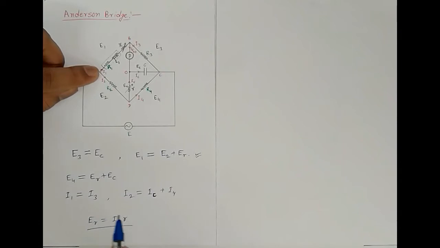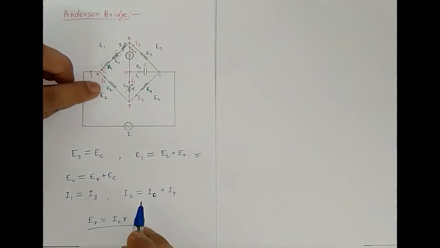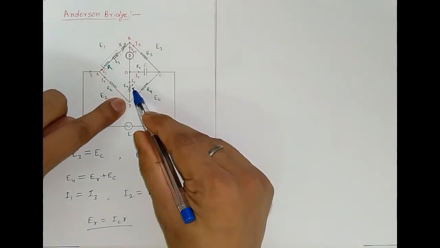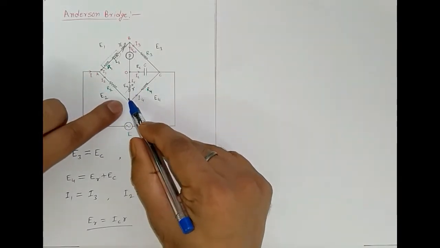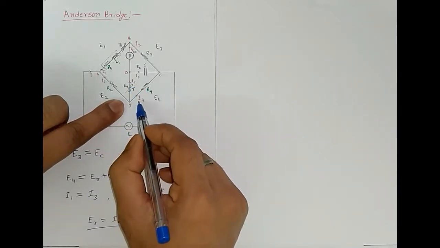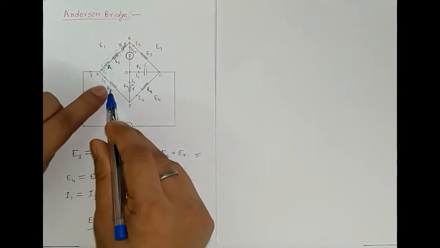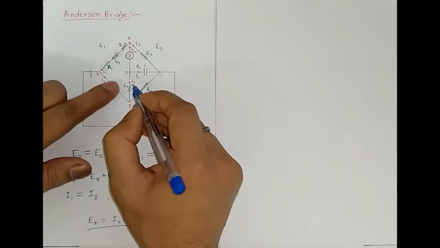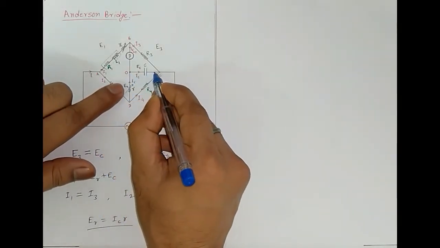And current I2 will be equal to I4 plus IC, because this current divides into two parts: one goes to IC and the other to I4. So I2 equals IC plus I4, and this IC flows through this capacitor as well.